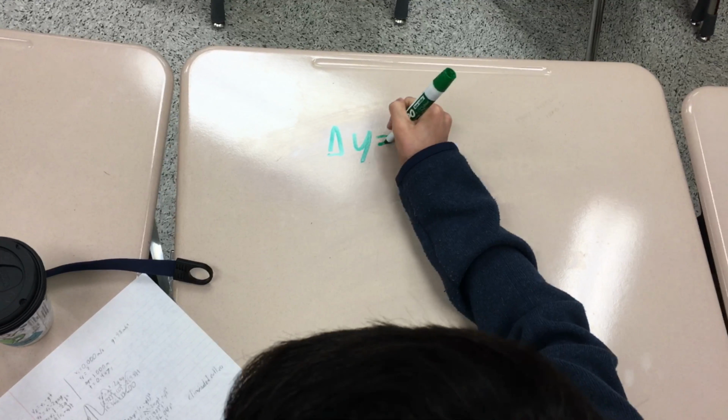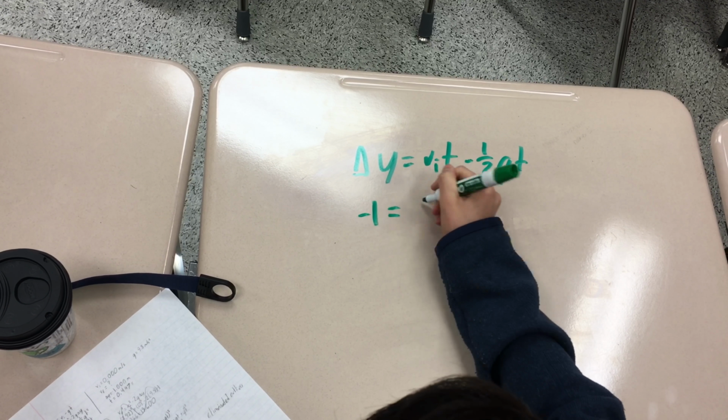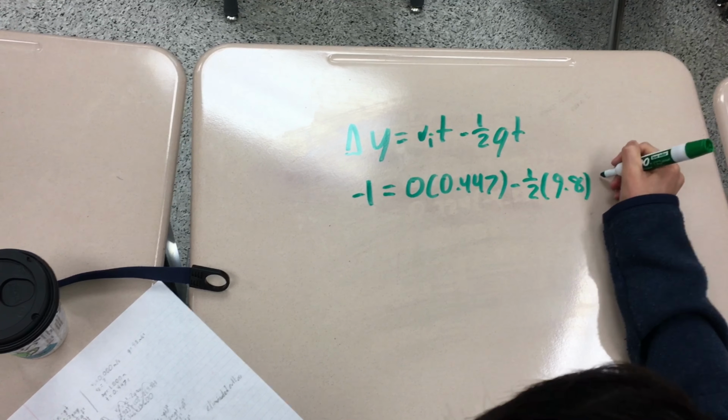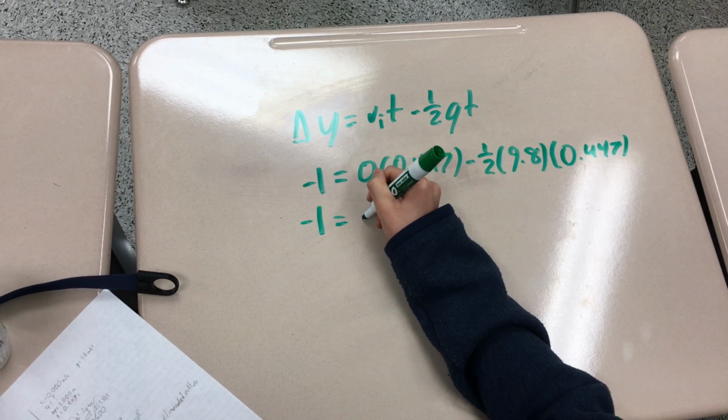The comparison of delta y, or negative 1, and Vit minus 1/2 gt squared is negative 0.979, which corresponds with a percent error of 2.100%.